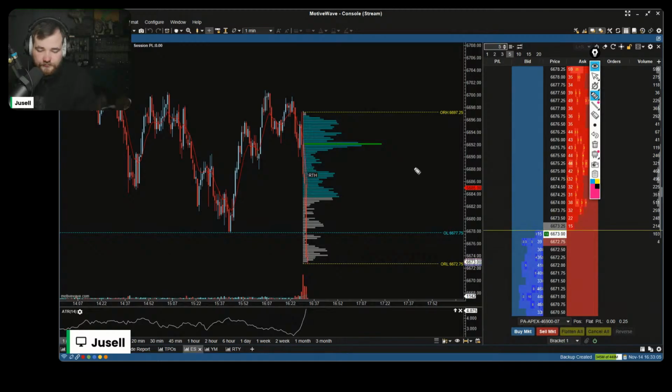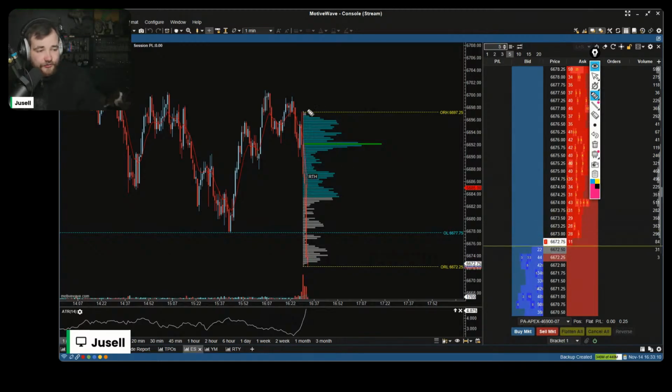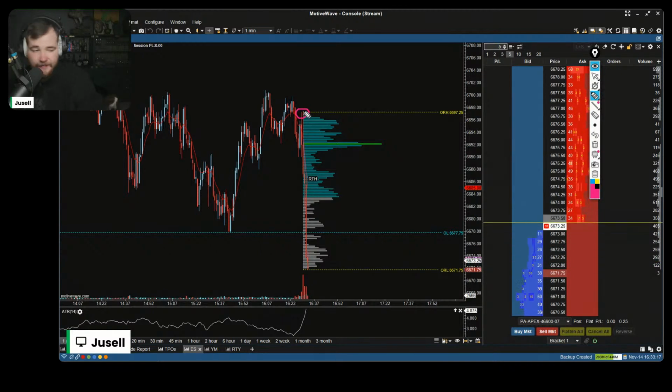But we'll see. Could also be a gap and go, but I would not trade against this.